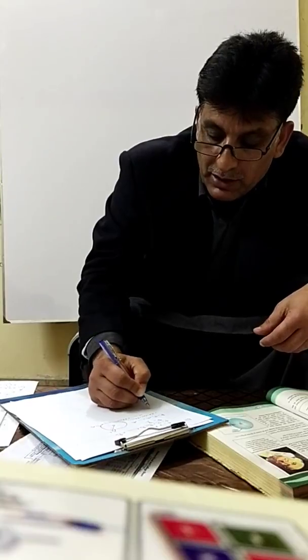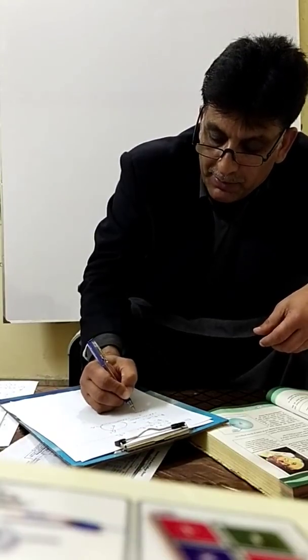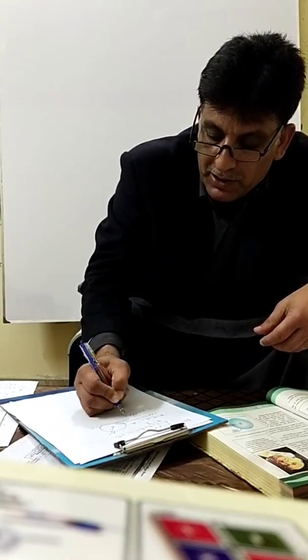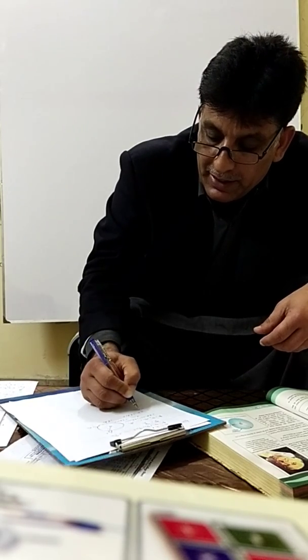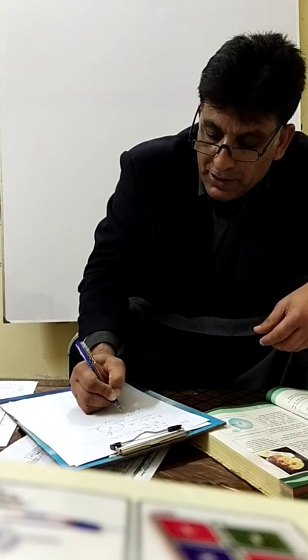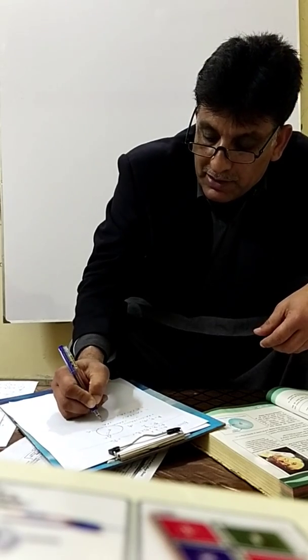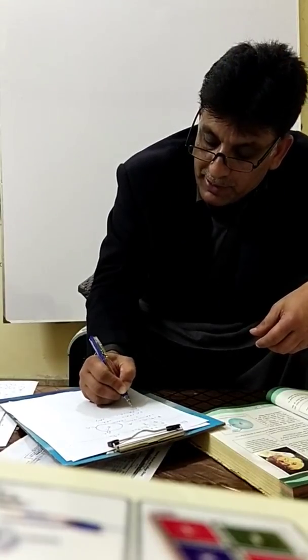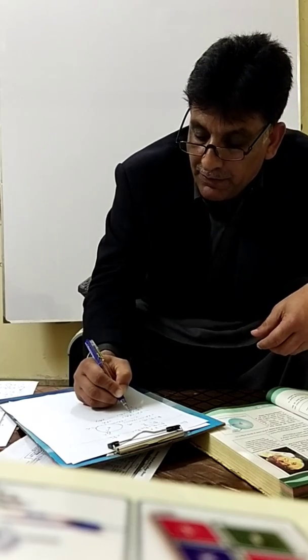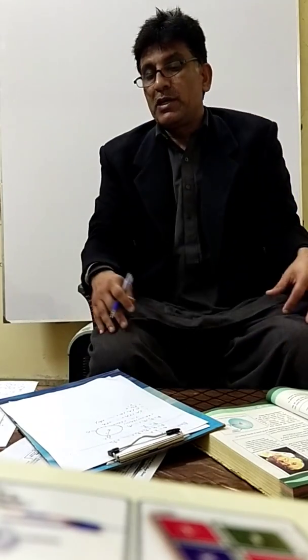Cos 0 is 1, so E A1 plus E A2 plus so on plus E AN. E is common, A1 plus A2 plus so on plus AN. E is Q divided by R square, and A1 plus A2 plus so on is the total area of the sphere, that is 4 pi R square.